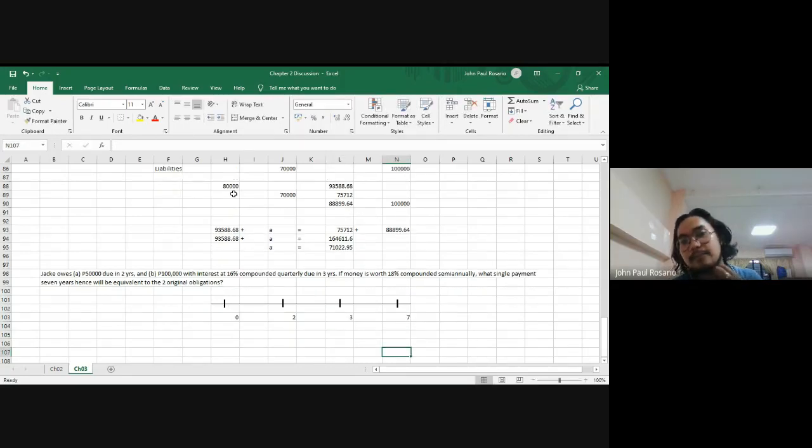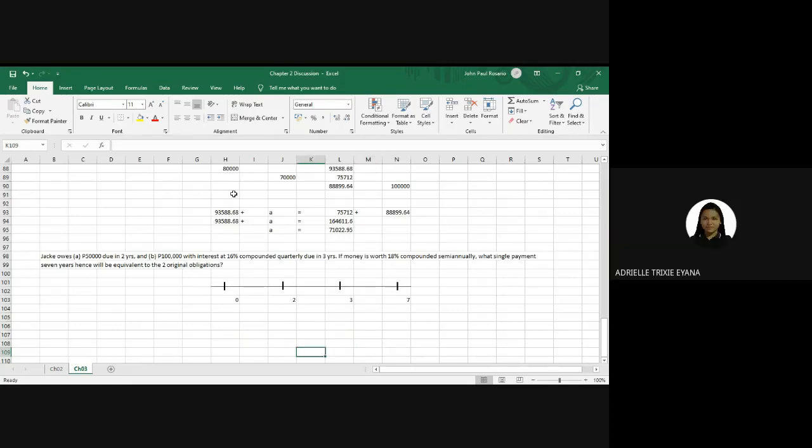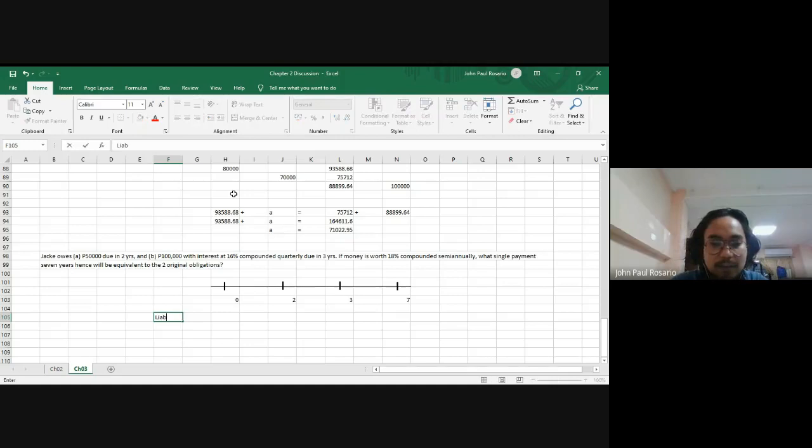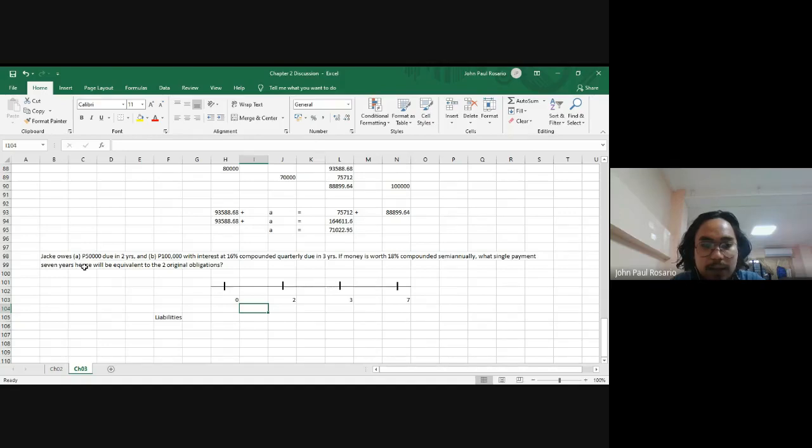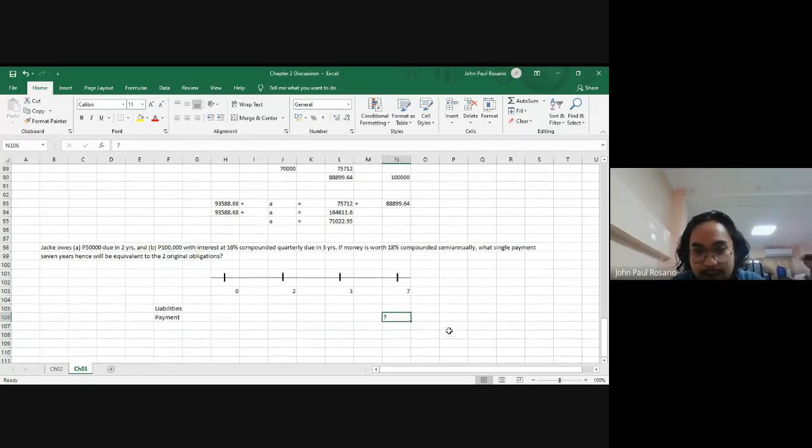Can you follow, guys? Yes, sir. Now, this one is kind of tricky. One liability is non-interest bearing. This one is interest bearing. The payment is the unknown, so we have to bring everything to year 7.